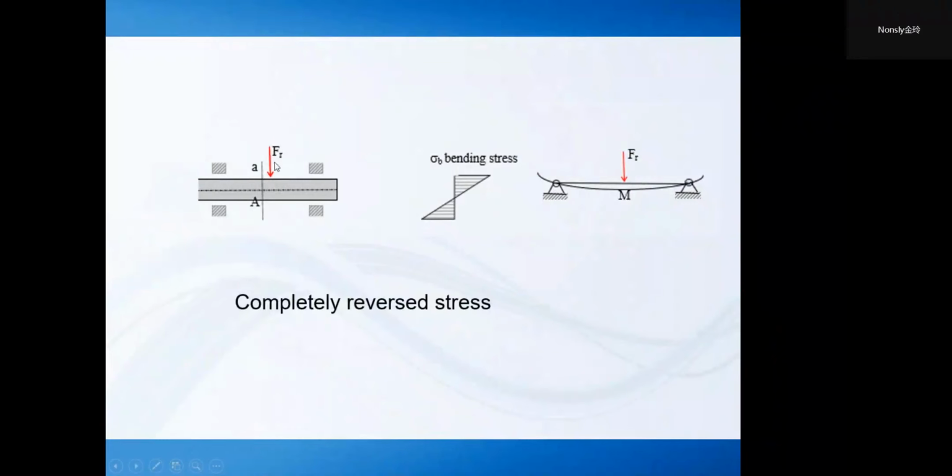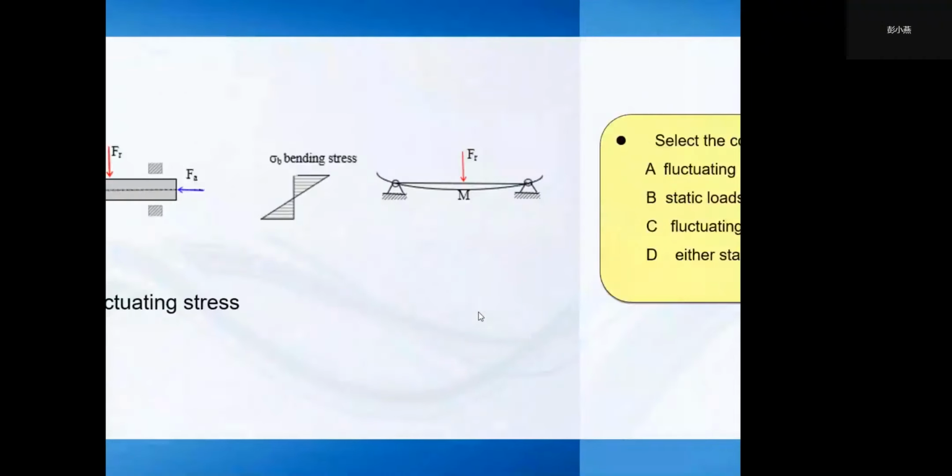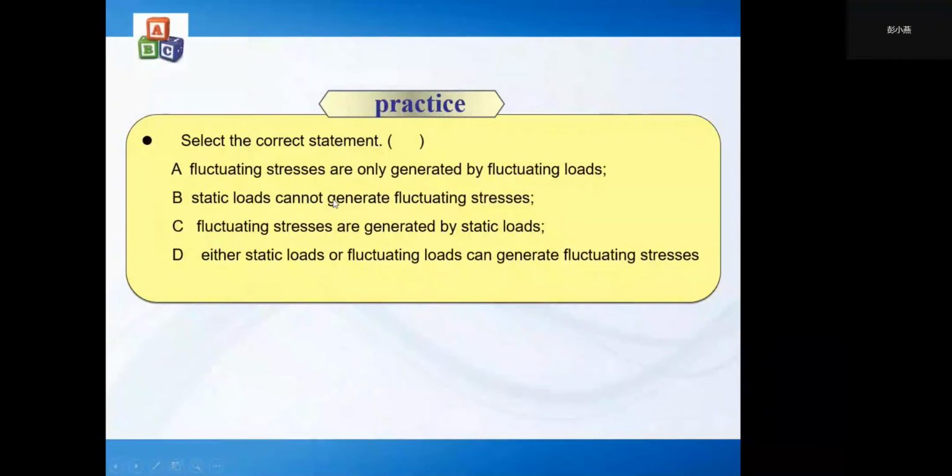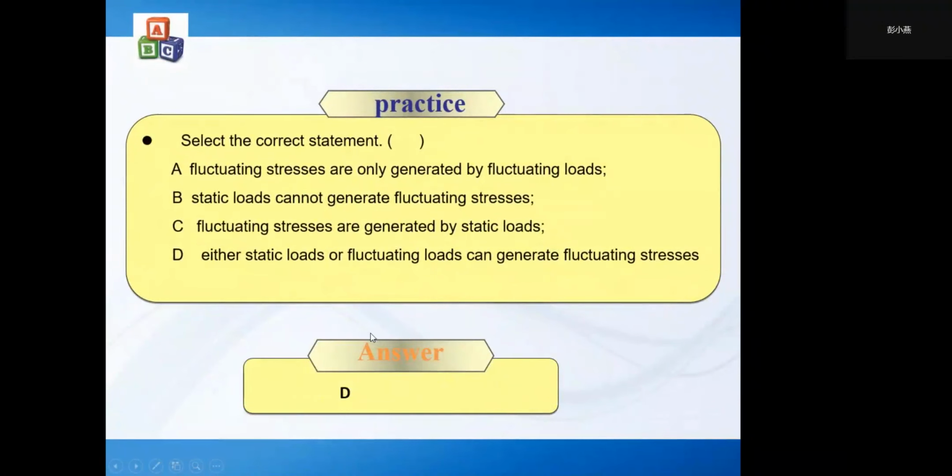FR is a static load, but it can generate completely reversed stress. So B is wrong. So D is correct.